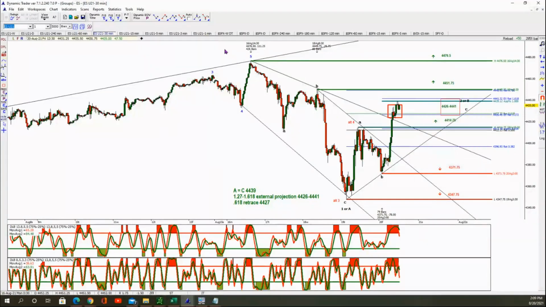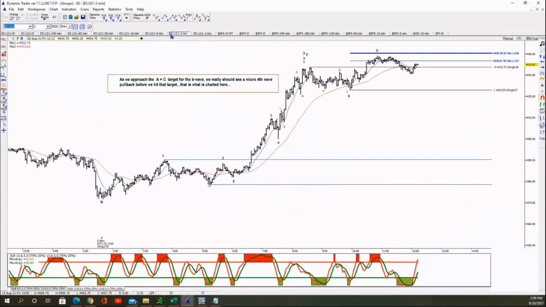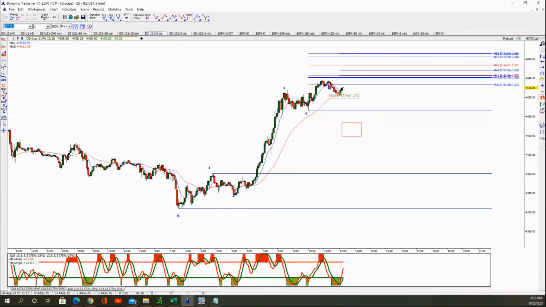So I've got a pretty good idea we're getting to the top, or this top could already be in. So that's the way we use these things. So that's a good live example right there.